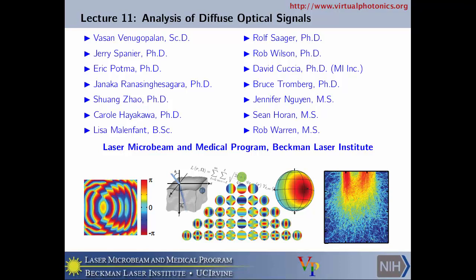Today I just want to summarize a couple things from the lectures that we had yesterday on spatial frequency domain and spatially resolved reflectance methods, just to try to distill and crystallize the teaching objectives from yesterday, to remind you where you have sensitivity to the various optical properties and why that's the case and where in measurement space, and then summarize or introduce those same concepts in temporally resolved and temporal frequency domain methods.